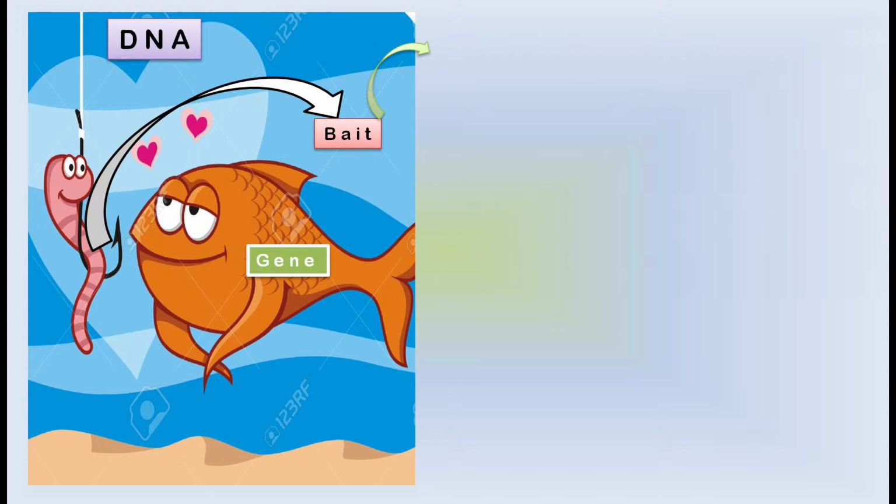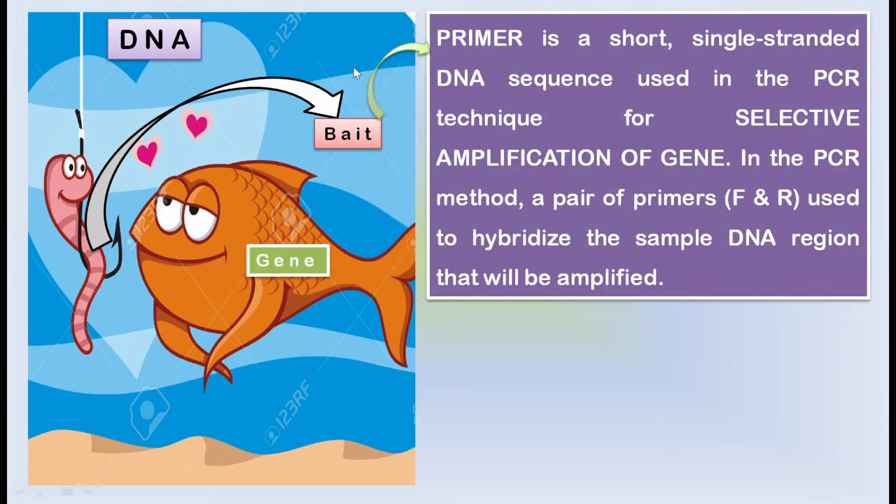What is the bait? Primer. If you want to find the desired gene from the DNA ocean, we need to add some bait, that is called primer. A primer is a short single stranded DNA sequence which is used in the PCR technique.